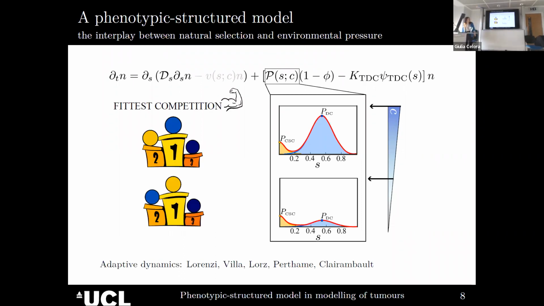And if we were to neglect the advection term, here we recover equations that have been studied a lot in the literature, in the concept of adaptive dynamics, phenotypic models by other people that have done great work, specifically Lorenzi and Bertam. And that is that in the long term, because of natural selection, the fittest trait, the one that proliferates the most, will eventually win.